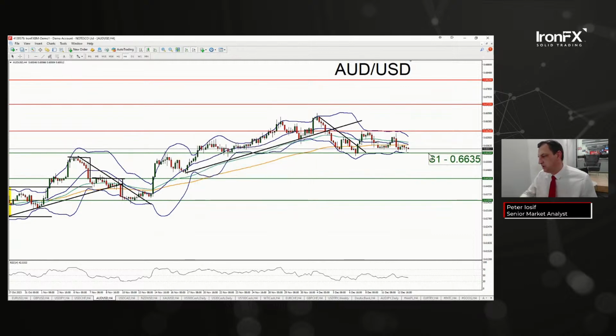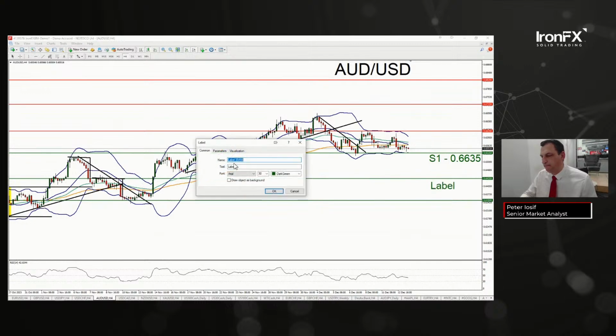And the next possible target for Aussie traders would be down here, and that would be the 0.6435 support level.